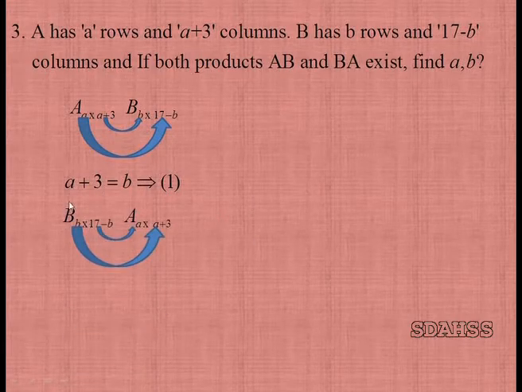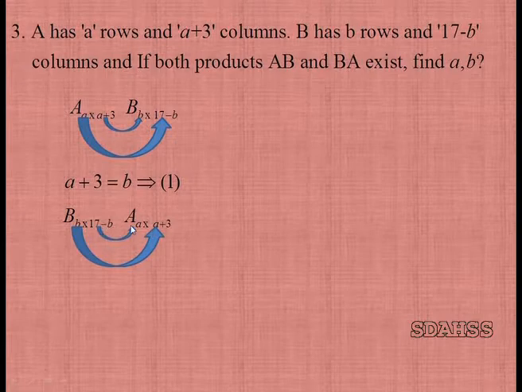Then consider BA. B has B rows and 17 minus B columns, so we can write B cross 17 minus B. And A has A rows and A plus 3 columns, so we can write A cross A plus 3.